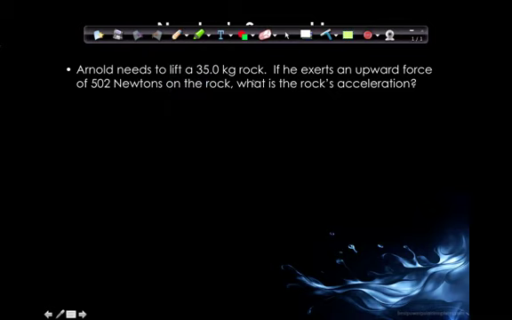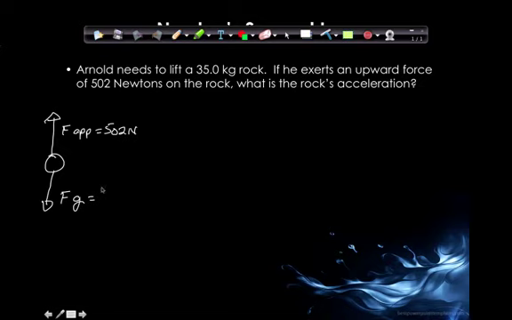So what I suggest we do is let's draw a diagram first. Here's our rock. We know that Arnold is applying a force going up of 502 newtons. But I also know, because I'm moving up and down, I really need to think about the weight of the object. So the force due to gravity.